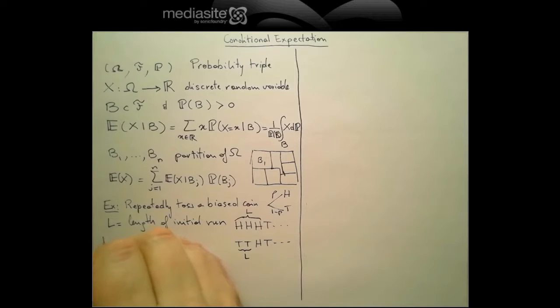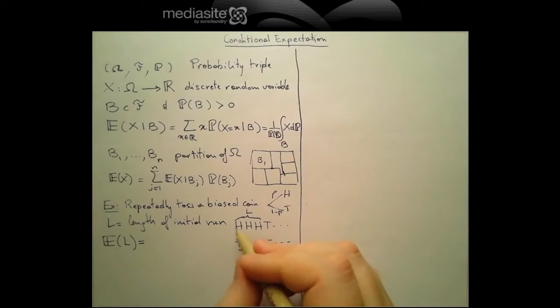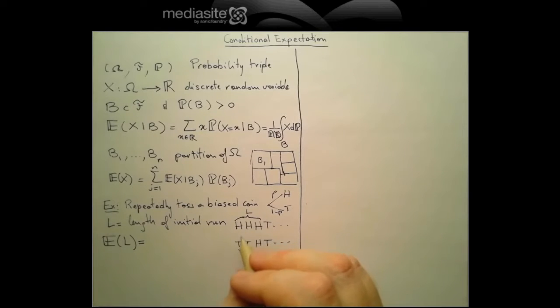Okay, and then let's say that we want to compute the expectation of L. Well, we can do that by conditioning on some mutually exclusive events. Let's condition on the outcome of the first toss.